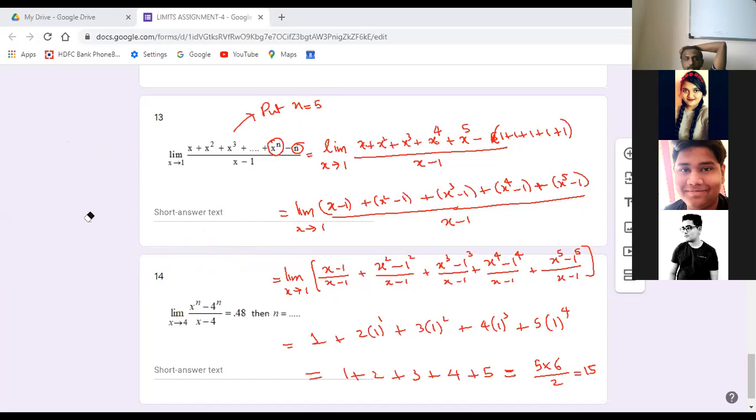Now, if the number is n, what will be the change? This would become n, and the number 1 plus 1 plus n times. Then the last x power will also be n.